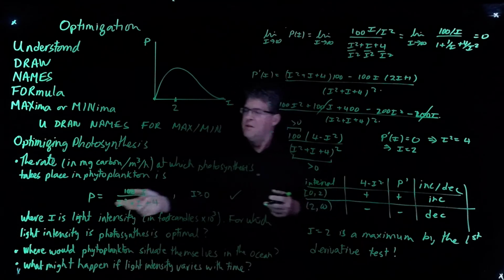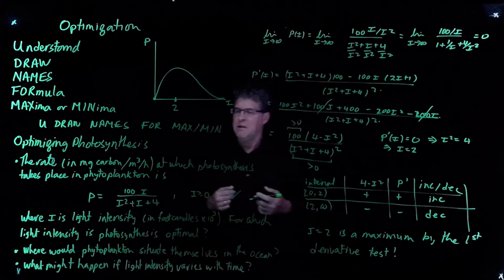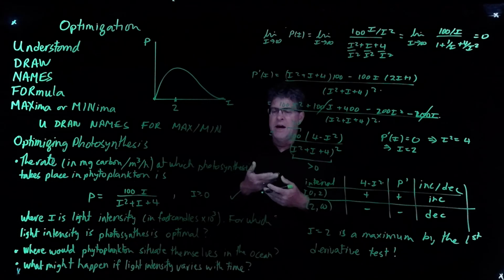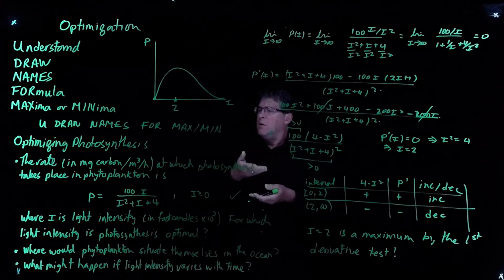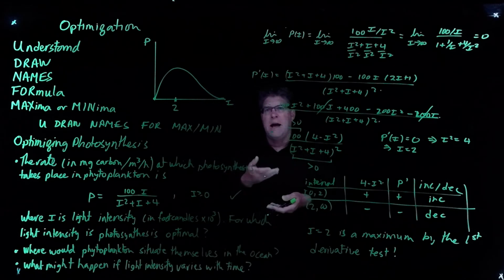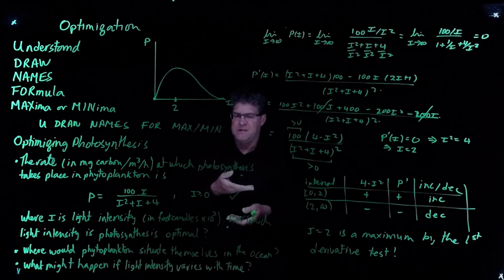Okay, with respect to these last two questions, I'll just talk my way through these. So in the ocean, the light intensity might decrease as you go deeper in the ocean. And so you might expect to find the phytoplankton at a level where the intensity is 2,000 foot candles.